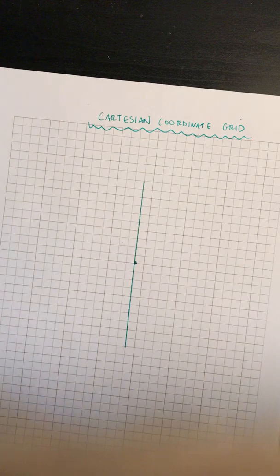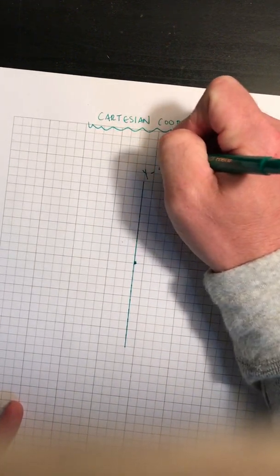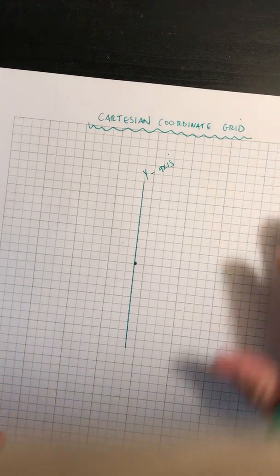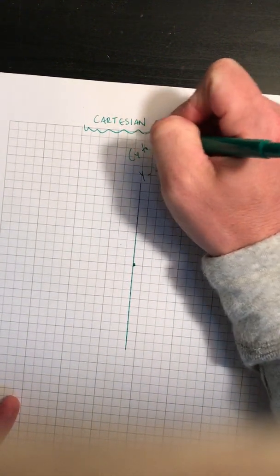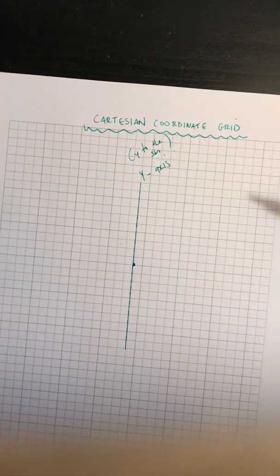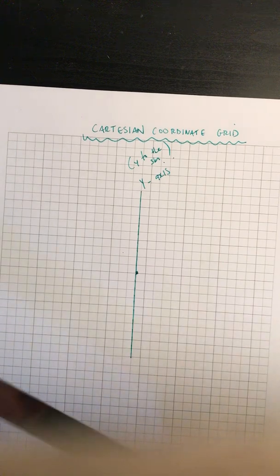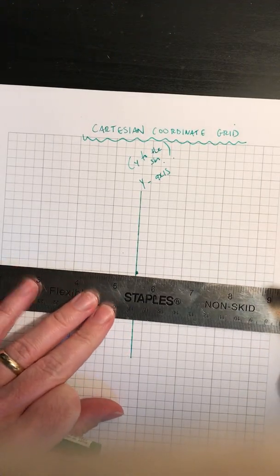Okay? So this is going to be y. I always remember y to the sky. I'll put that in here. Y to the sky, just so I know that the y-axis is my vertical axis. Vertical, just so we know, is up and down.